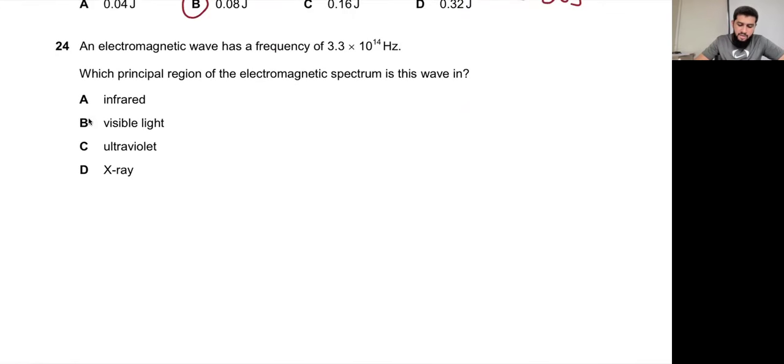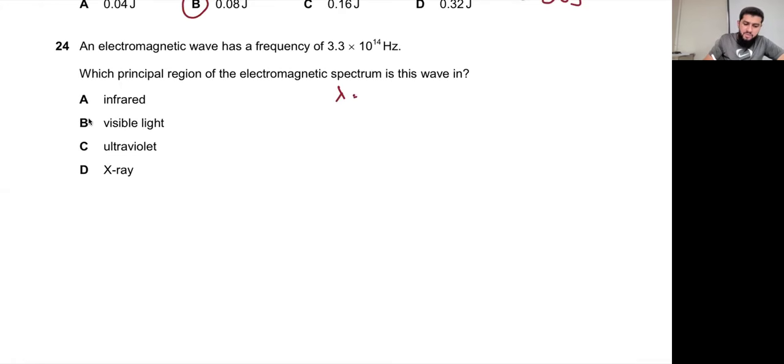An electromagnetic wave has a frequency of 3.3 into 10 raised to the power 14 hertz. Which principal region of the electromagnetic spectrum is this wave in? So you either need to remember the electromagnetic spectrum in terms of the frequency, or you need to remember the wavelengths.